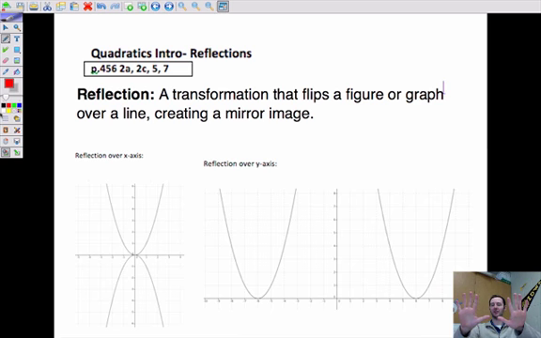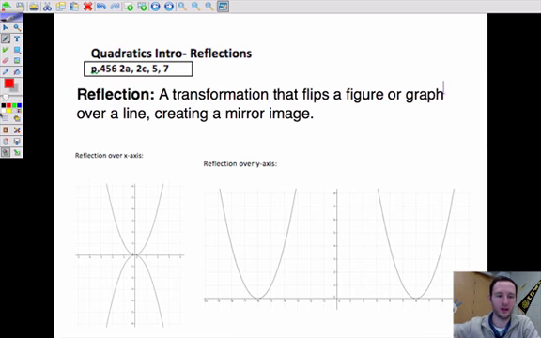And if you take your one hand and you fold it over this imaginary line, it matches up exactly with your other hand. And that's what's created when you reflect something, is you take this image and you flip it across this line, this imaginary line, and you get the results, which is a mirror image.